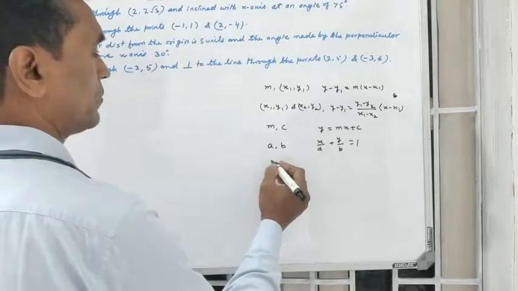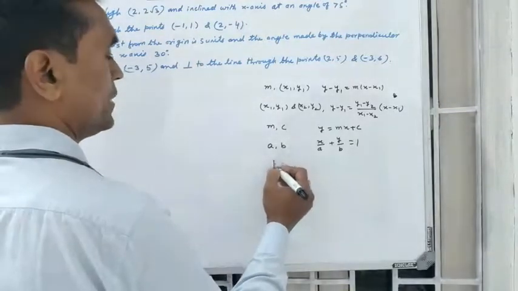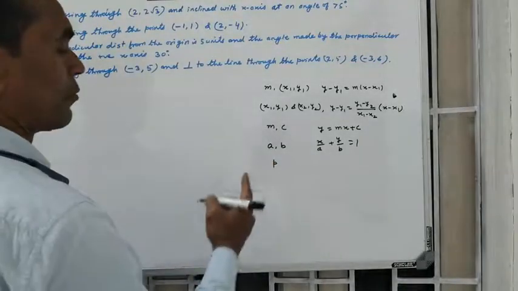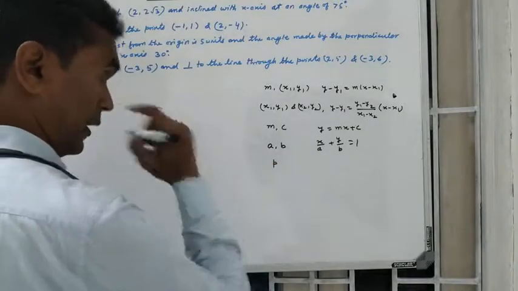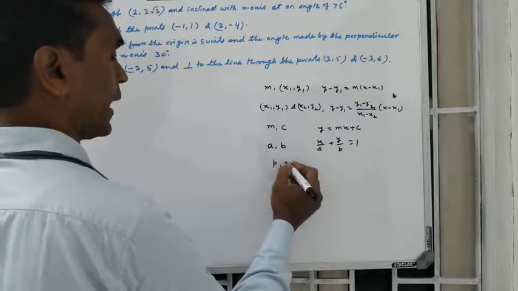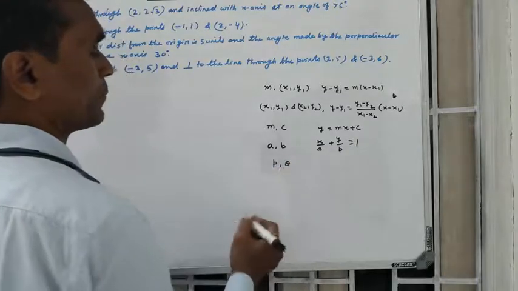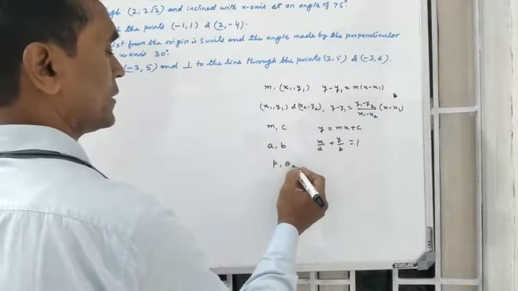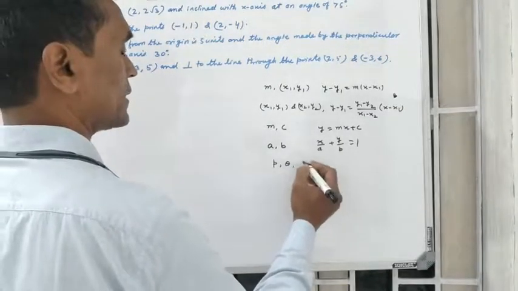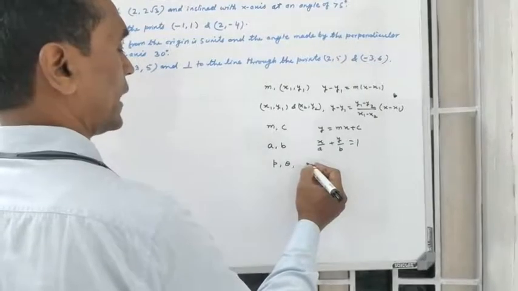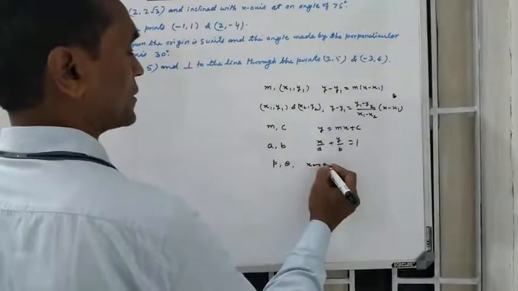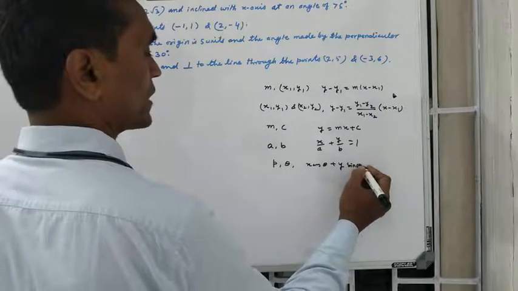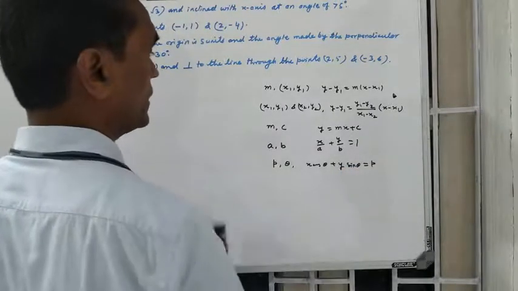In normal form, p, that is distance of the line from origin, is given, and angle theta made by the perpendicular with x-axis is also given. In that case, equation of the line will be x cos theta plus y sin theta is equal to p.